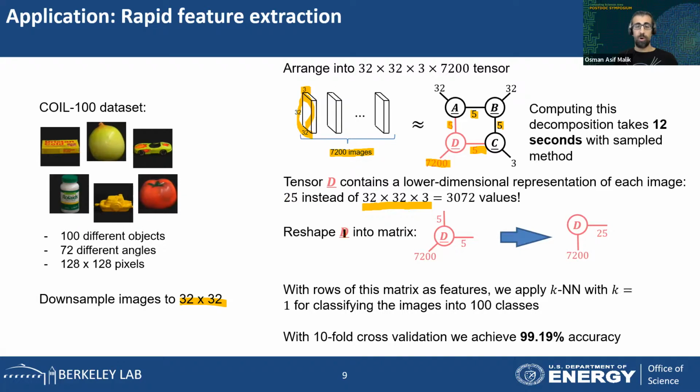So what we do at this point is we take D, we reshape it into a matrix. So it has 7,200 rows, 25 columns, and then we use this as an input into a k-nearest neighbor algorithm in MATLAB. And with tenfold cross-validation, we achieve a good accuracy on these images. So the goal here, I should say as well, is to classify each image into one of the 100 different classes.